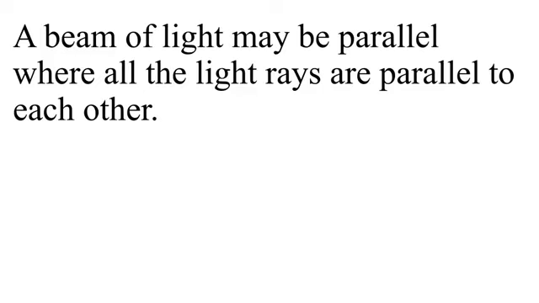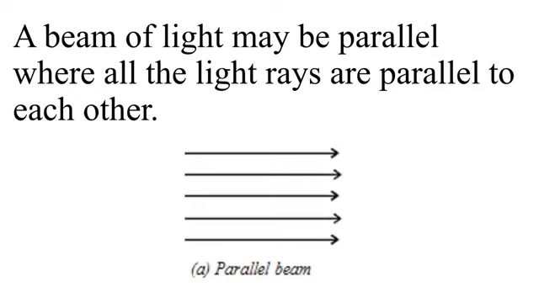A beam of light may be parallel, where all the light rays are parallel to each other. You can see here clearly that these rays are parallel to each other and are not intersecting or crossing each other at any point.